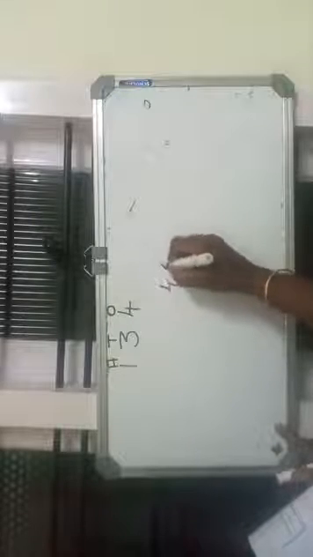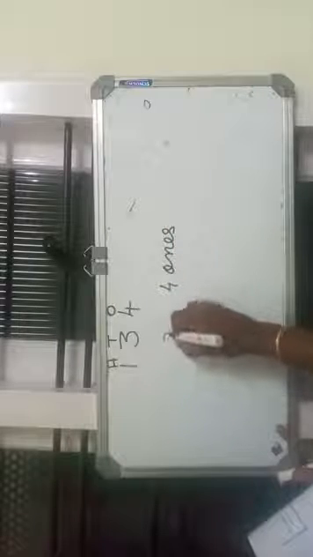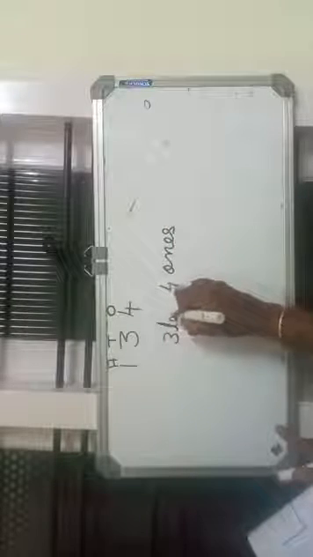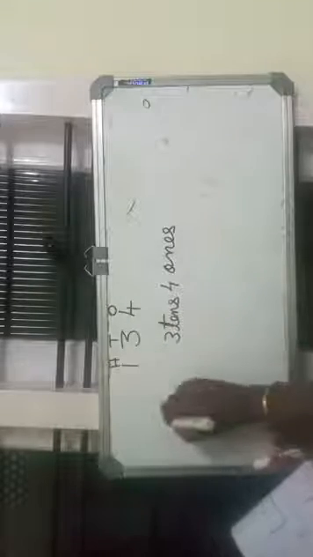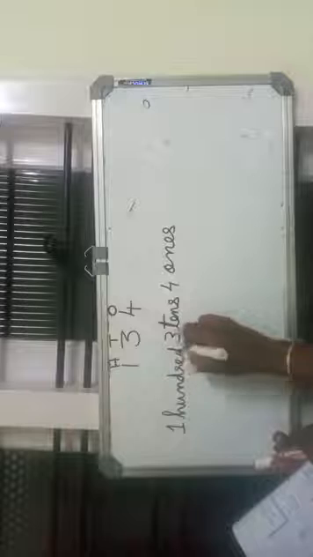So we can write 4 ones. How many tens? 3 tens. And how many hundreds? 100. Okay, like this we can split the number.